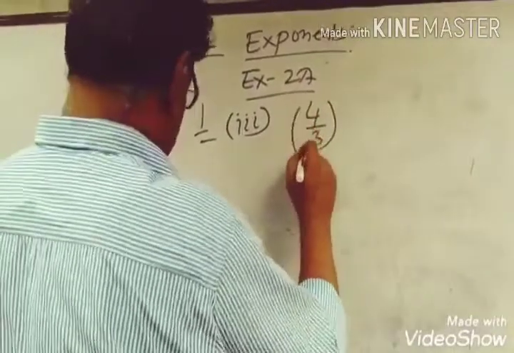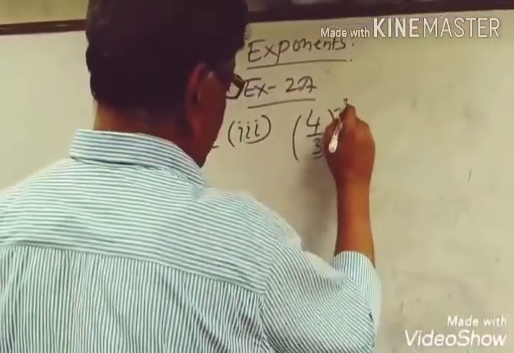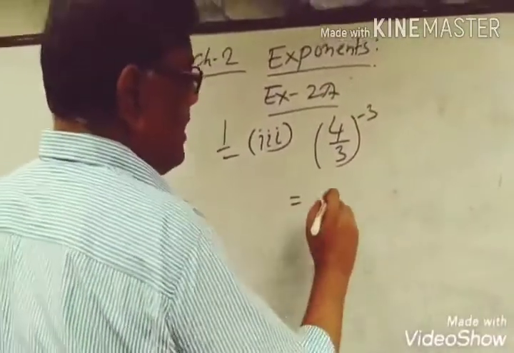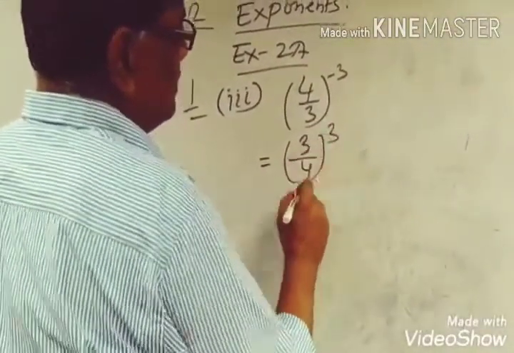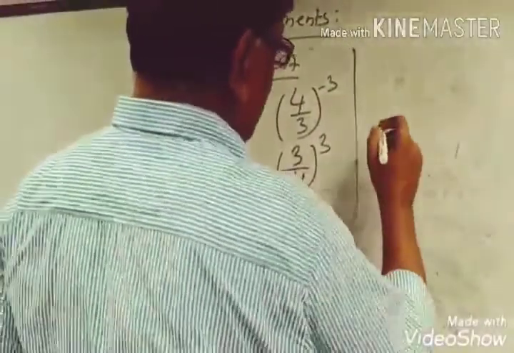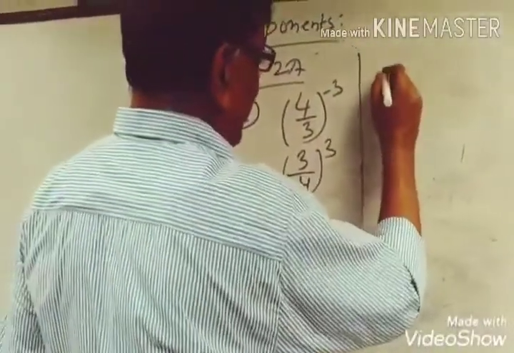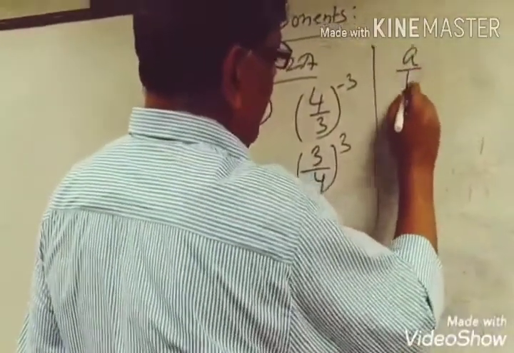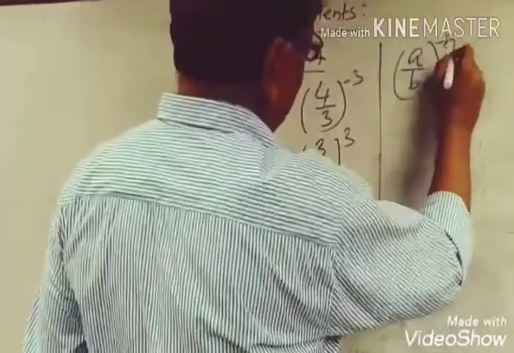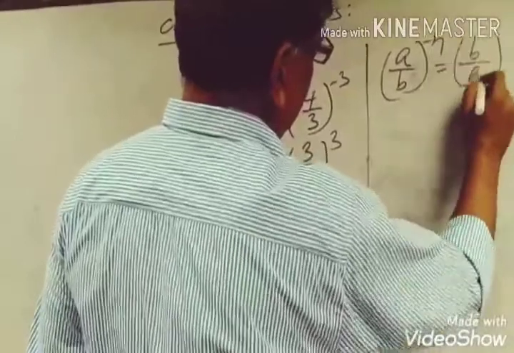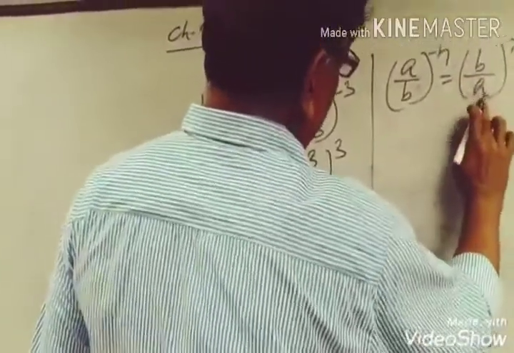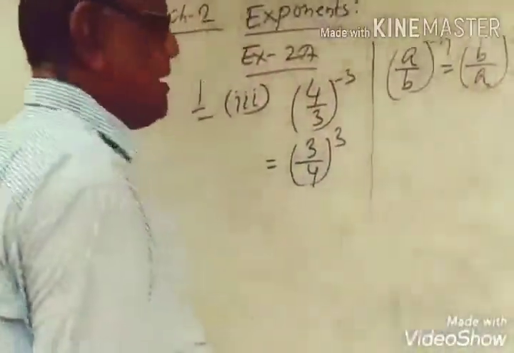(4/3) to the power minus 3. We can write (3/4) to the power 3. Law of exponent: we know that (a/b) to the power minus n equals (b/a) to the power n, where n is a positive integer.